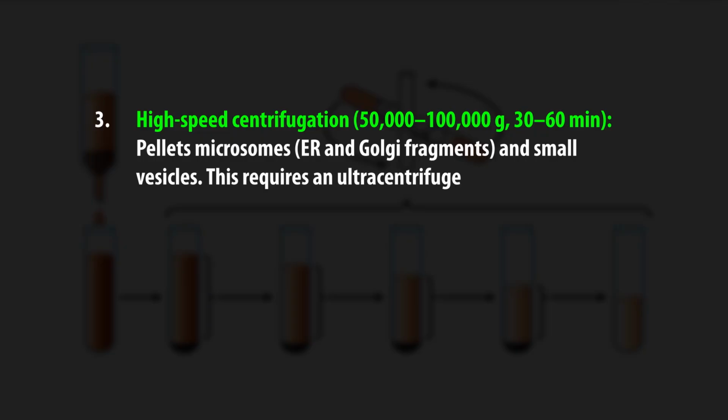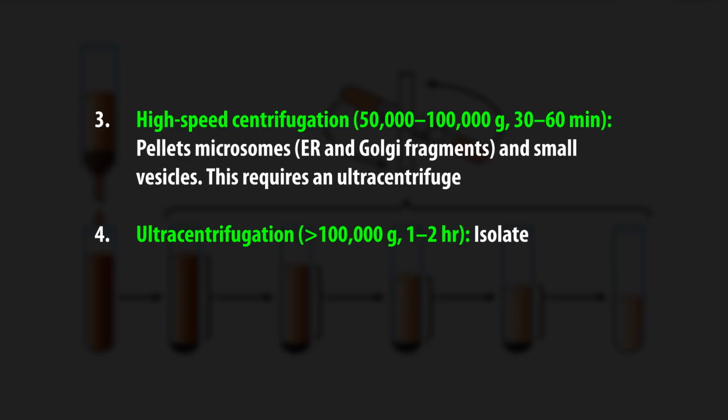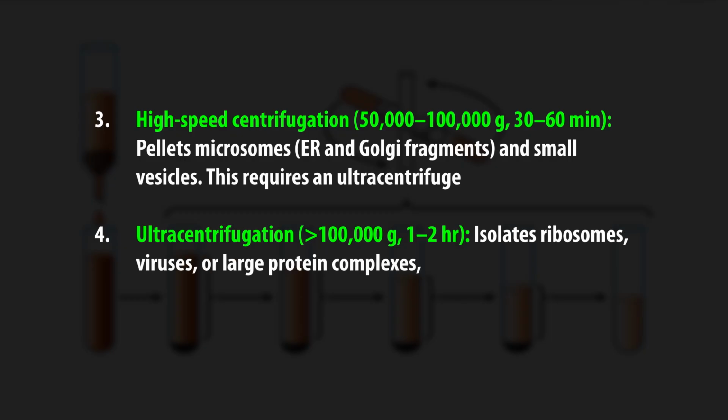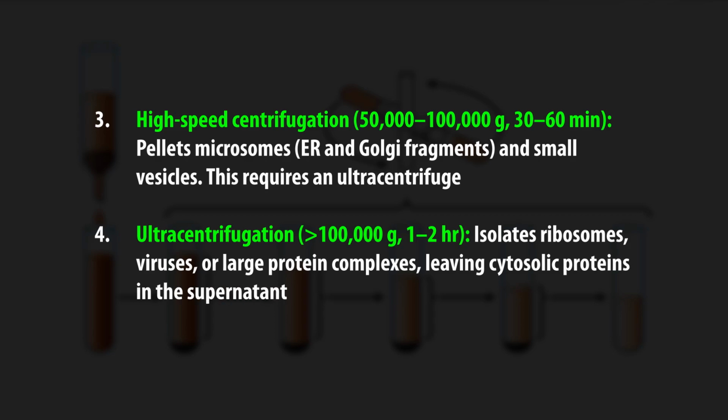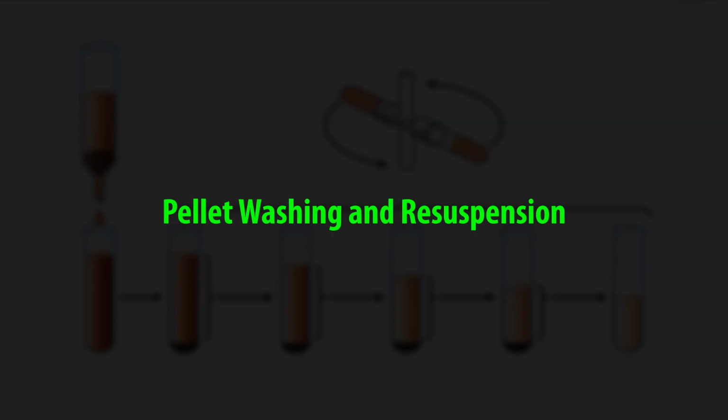This requires an ultracentrifuge. Ultracentrifugation, which is greater than 1 lakh G for 1 to 2 hours, isolates ribosomes, viruses, or large protein complexes, leaving cytosolic proteins in the supernatant. Pellet washing and resuspension.